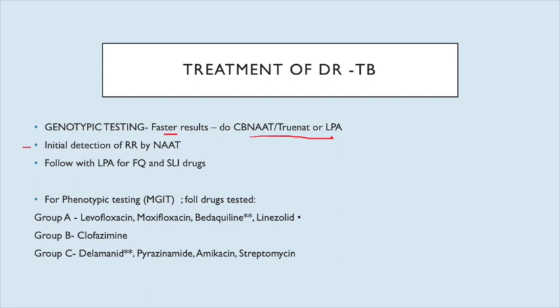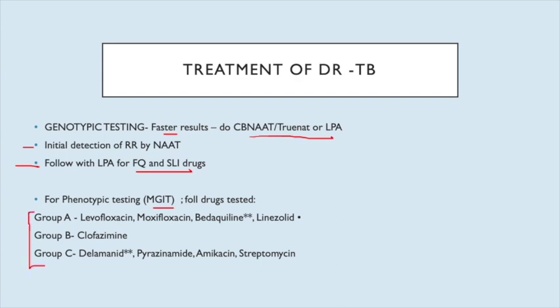Once we initiate our treatment, we can follow it up with an LPA, and we can also look for resistance to second line agents and fluoroquinolone. So that is how a rapid treatment for drug resistant TB can be started. If we are dealing with cultures, then based on the group of the medications, we can test them.